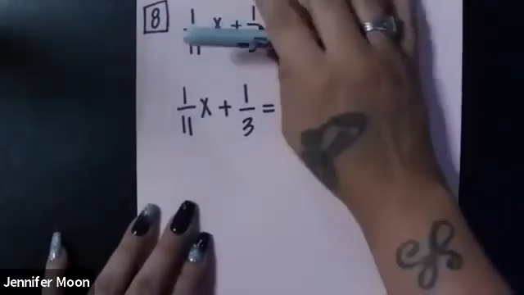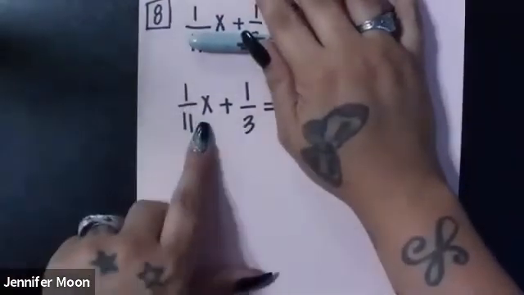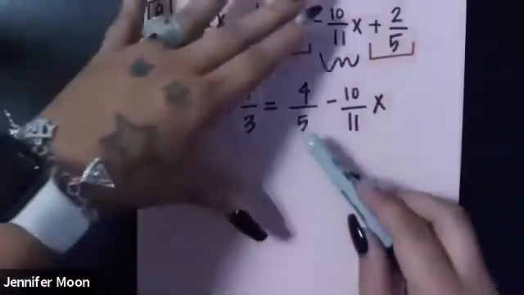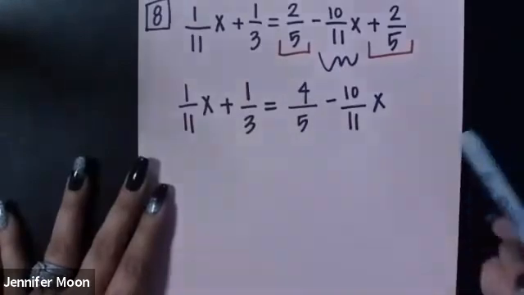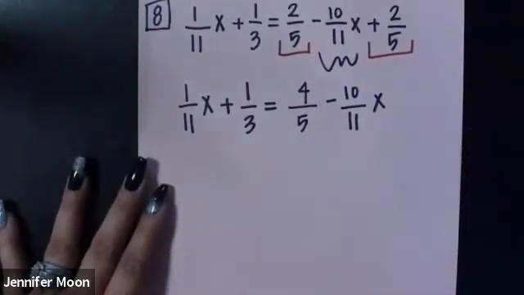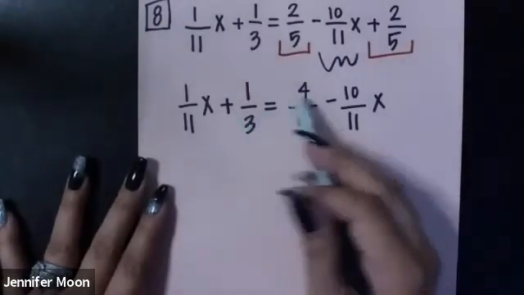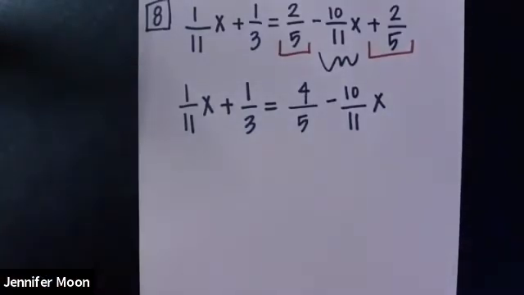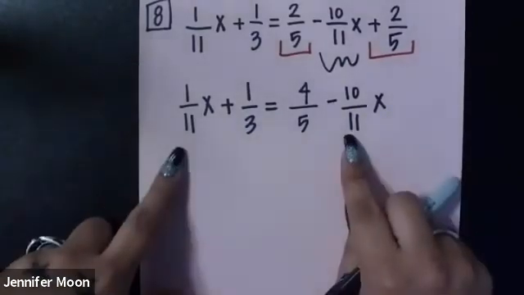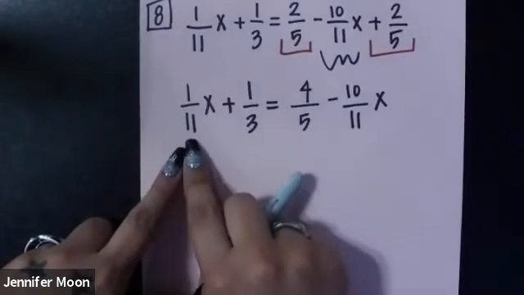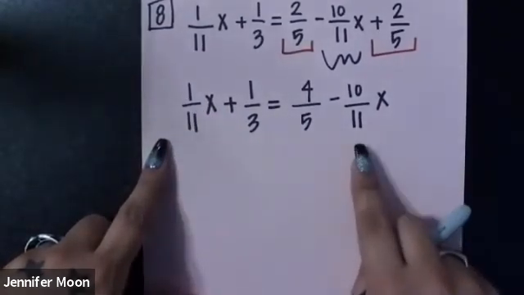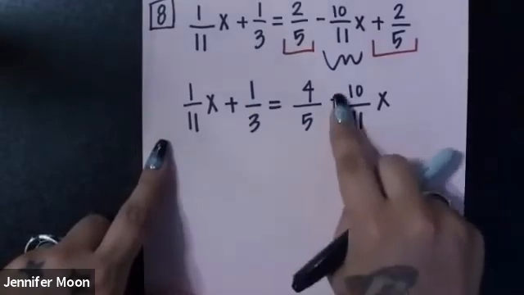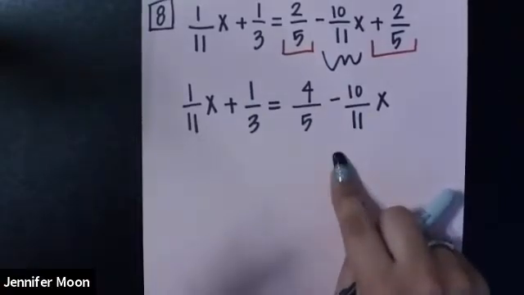Now let me look. Left-hand side, I have variable, no variable, no variable, variable. So something needs to move. An x needs to move somewhere and a fraction needs to move to the other side. Say I do this one. Say this one's positive, I subtract it, and I come over here and I subtract it. Do you see how I end up getting a negative like term, right?